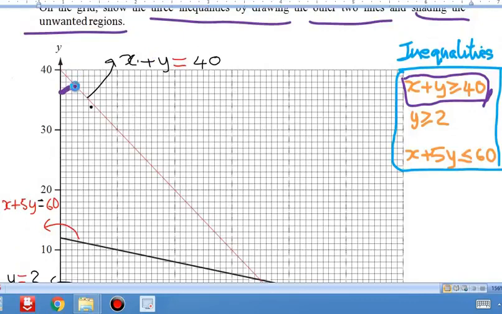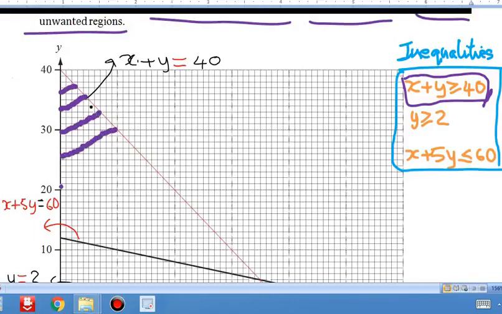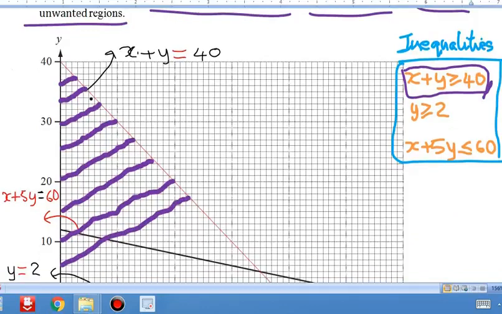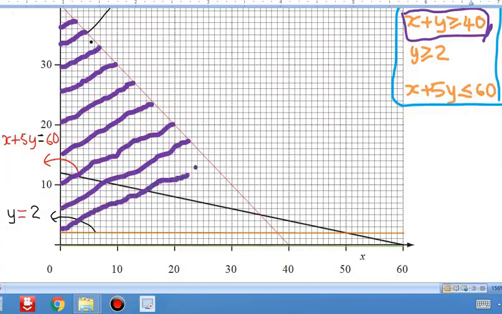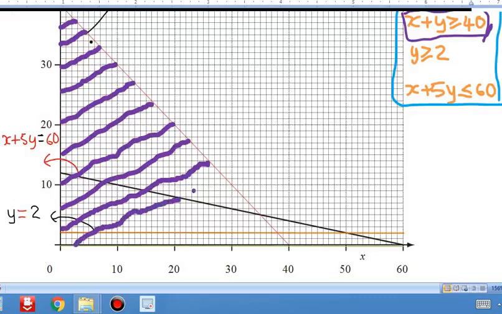So now let's begin to shade. Well, we have finished shading the unwanted region for the inequality x plus y greater than or equal to 40.